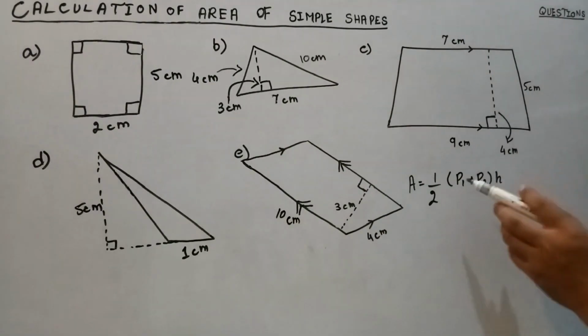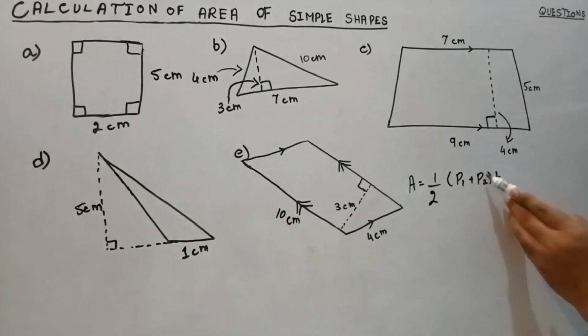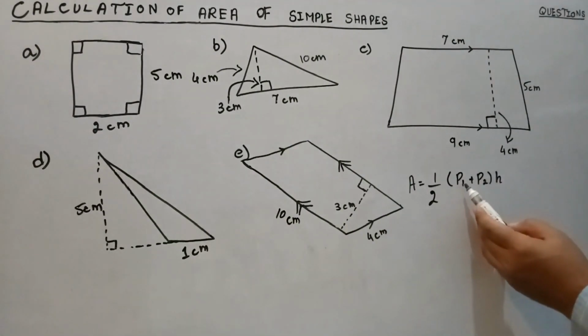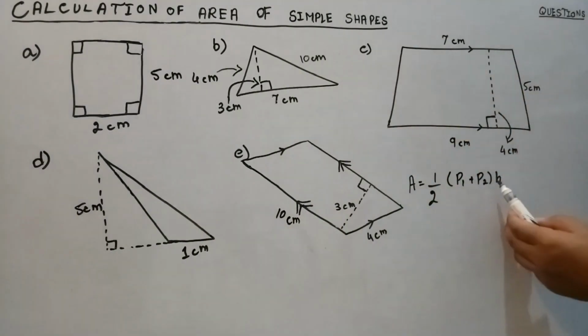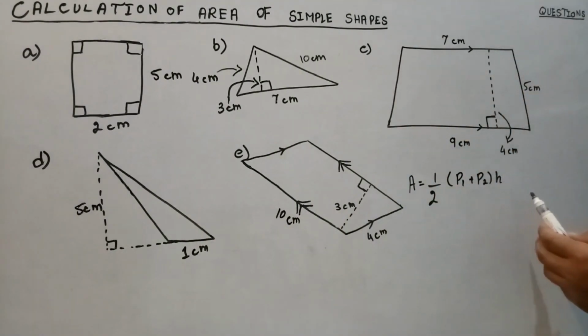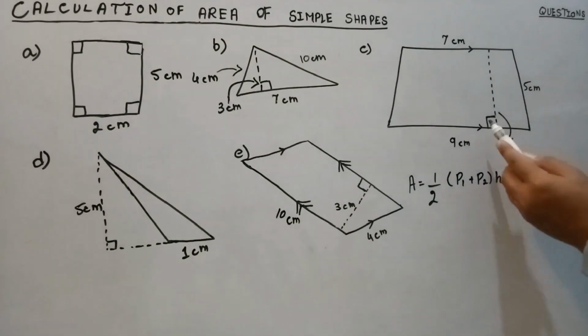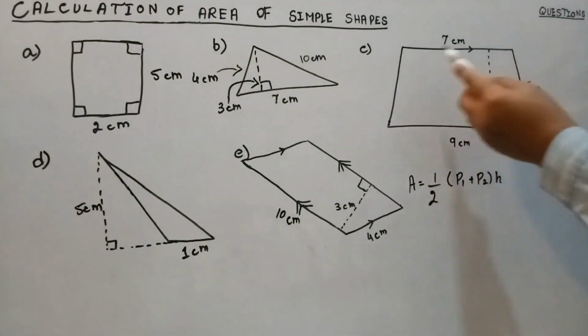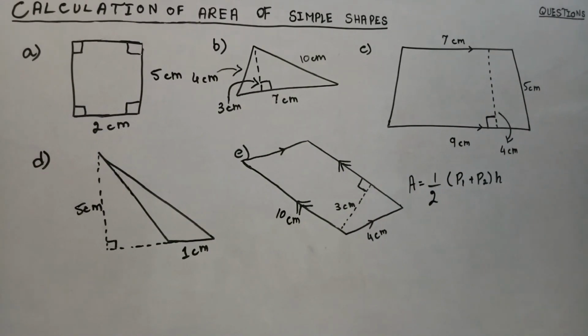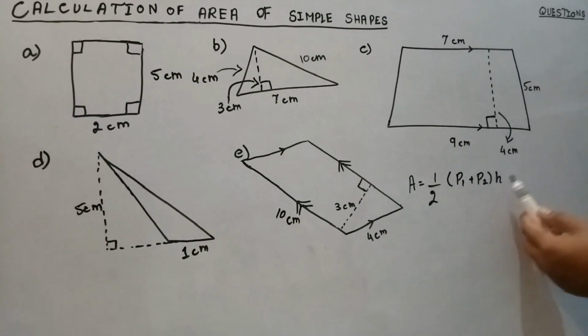So here we have 1 over 2, here we have the sum of parallel sides. P1 is the first parallel side, P2 is the second parallel side, and it is going to multiply by the height of this trapezium. Here you can see this one is our first parallel side, this one is our second parallel side, and here what is the height?